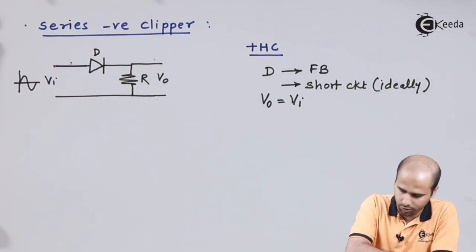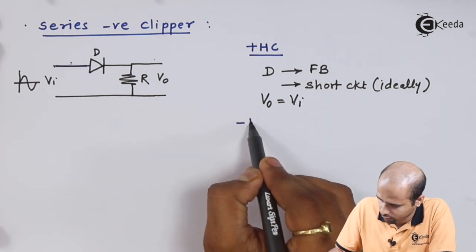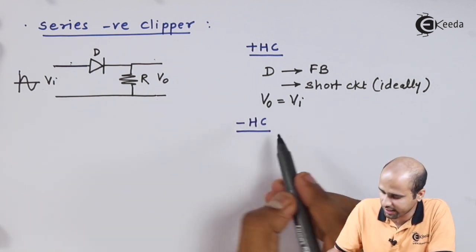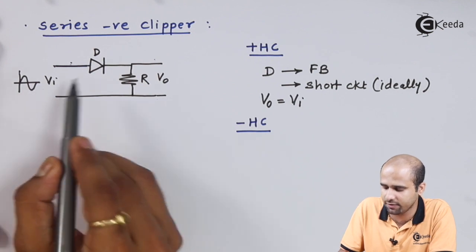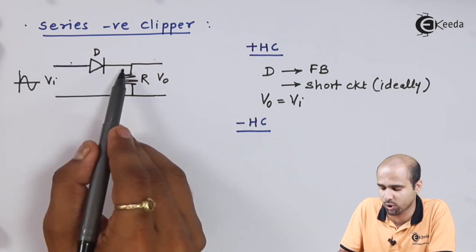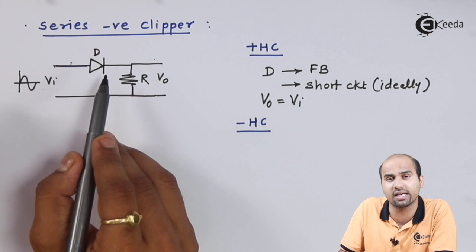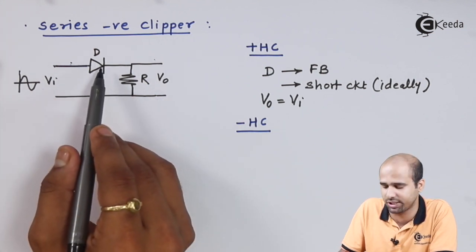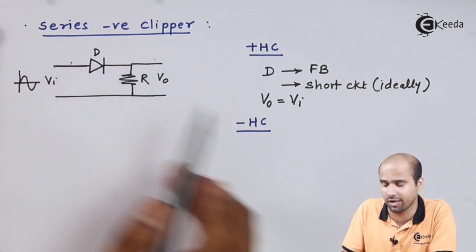Now we will move towards the next waveform, negative half cycle. In the negative half cycle, we can say this is negative, so anode is negative with respect to cathode. In another word, I can say that cathode is positive with respect to anode of the PN junction diode, so this diode will become reverse bias.